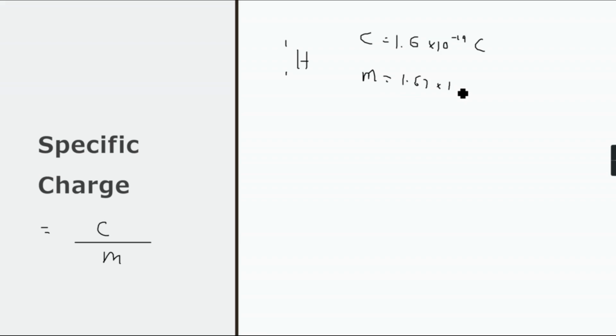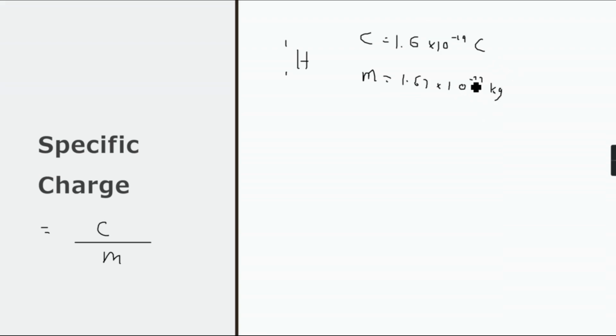The specific charge of a charged particle is simply defined as the charge of the particle divided by its mass. As long as we know both these things, we can work out its specific charge. For instance, the nucleus of a hydrogen atom has a charge of 1.6 times 10 to the minus 19 coulombs and a mass of 1.67 times 10 to the negative 27 kg.